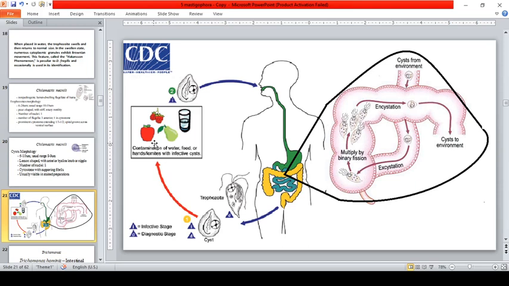This can also be through sexual transmission, since the infective stage can also be found in the feces. Infection occurs through the fecal-oral route or possible person-to-person contact.